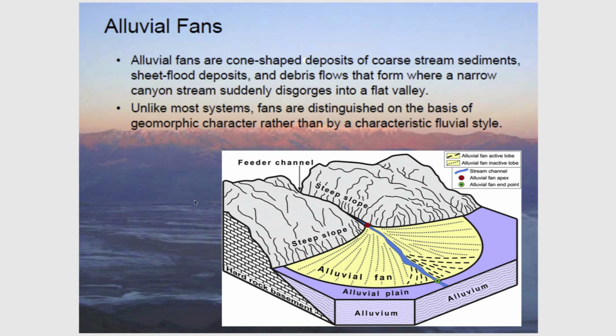So remember, an alluvial fan is usually an accumulation of sediment related to this sharp change in flow velocity, and it's commonly huge in terms of dimension. It can exceed several tens of kilometers in some cases.